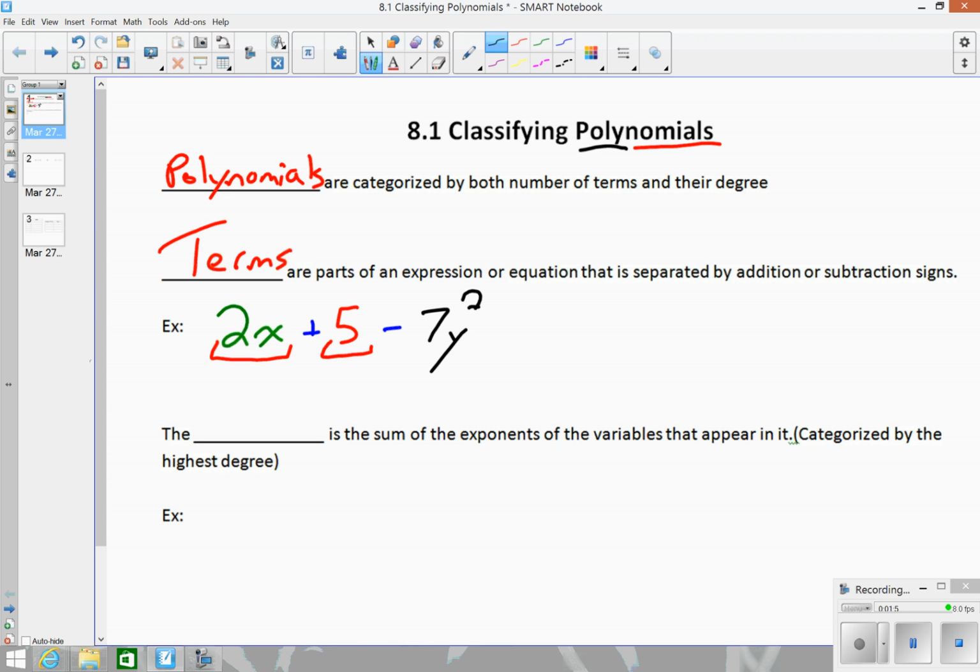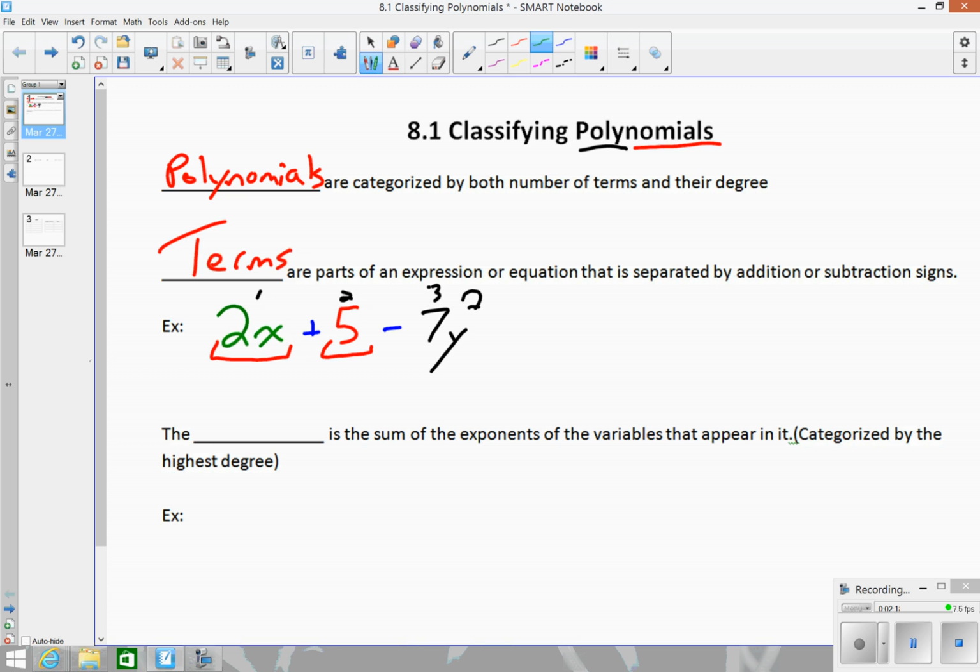So each of these are their own individual term, and they always carry the sign that's in front of them. And it doesn't matter what degree, the degree is the exponent, but just know that how many terms do we have here? We have 1, we have 2, and we have 3. Okay? So good. So we're going to be classifying in the number of terms an expression has.